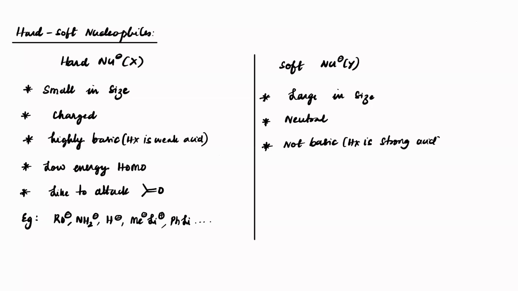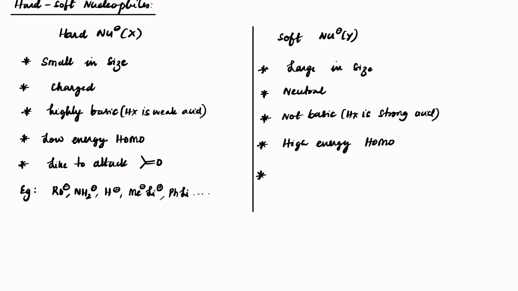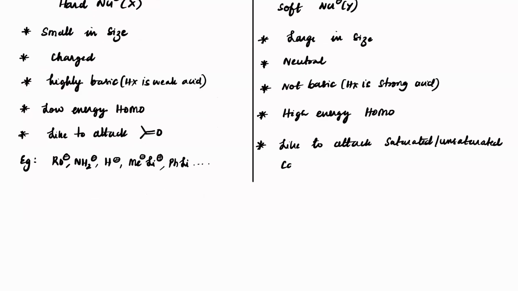If HX is a strong acid, this has a high energy HOMO orbital, and they like to attack saturated or unsaturated carbon.